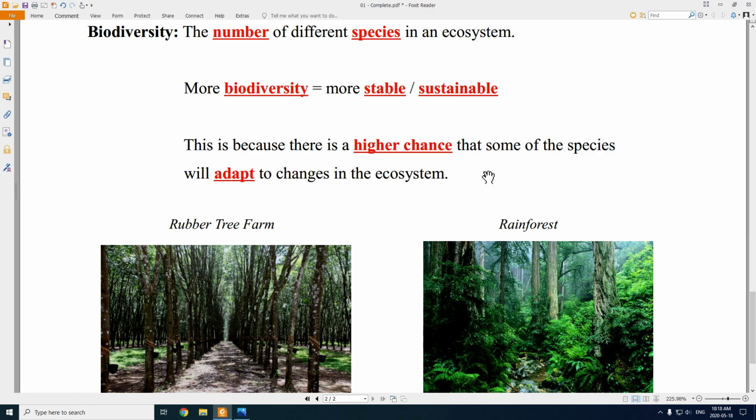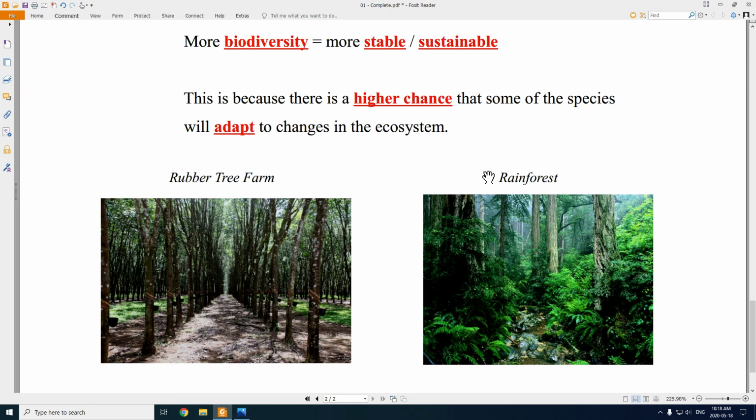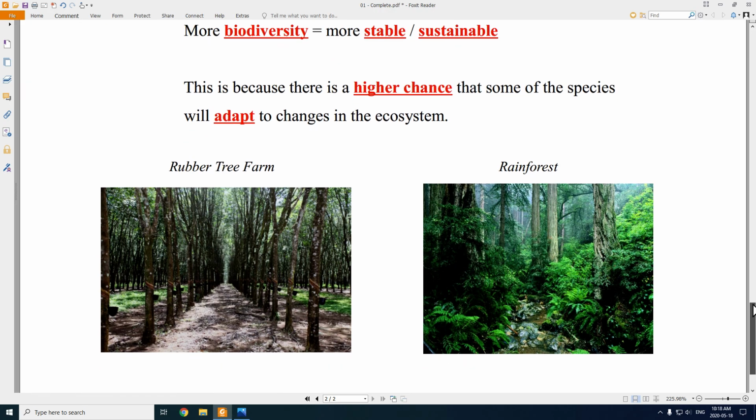Let's look at an example. All right, so I have two pictures here. Here I have a rubber tree farm, and over here I have a rainforest. All right, so let's look at the rubber tree farm. So thinking about living things here, how many different types of species do we have here? Not very many, right? So it looks like all of these trees are exactly the same.